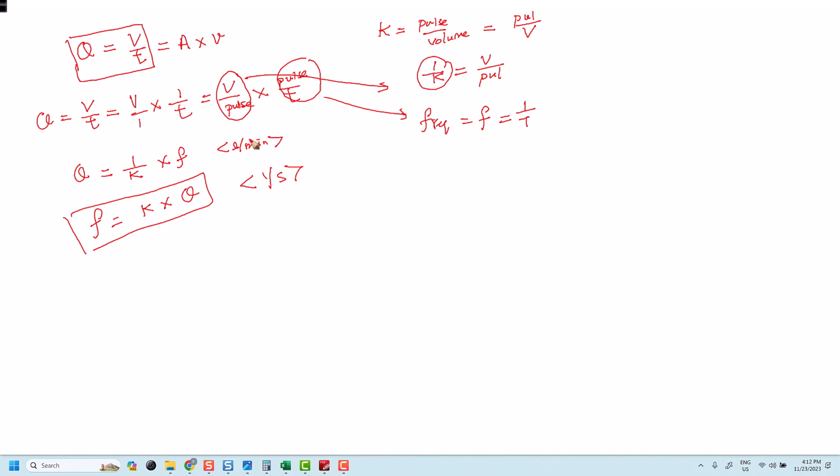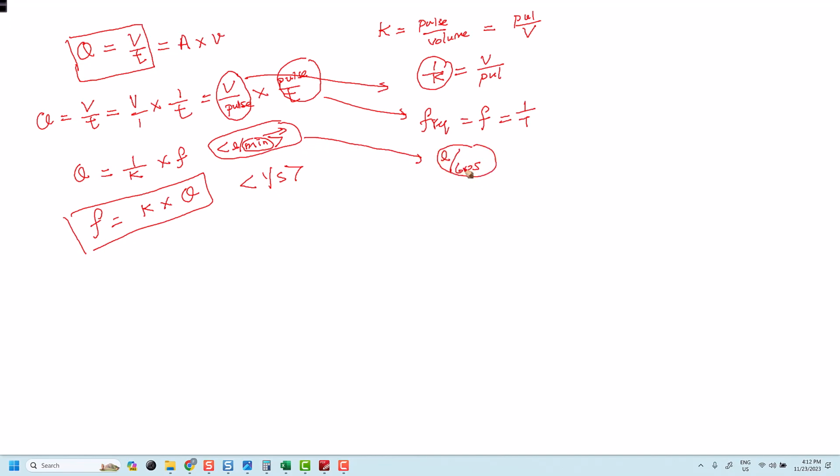So if the flow rate that we use is in liter per minute, we need to convert this minute to second to match this second here, which is the unit for frequency. So this liter per minute is equal to liter per 60 seconds. Why?